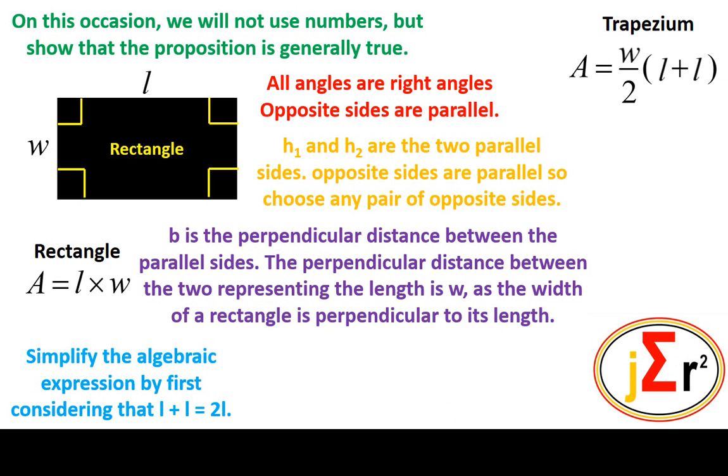And we will go straight ahead simplifying this algebraic expression, and we will say L plus L, that will give us 2L. And we retain W over 2.